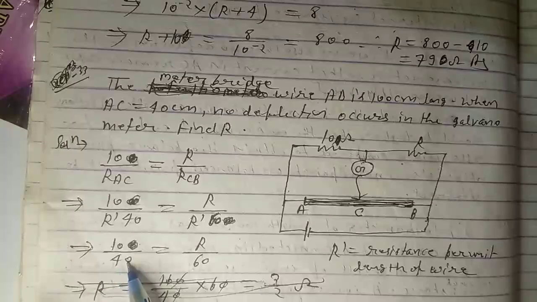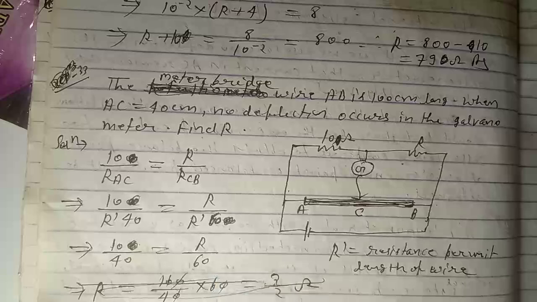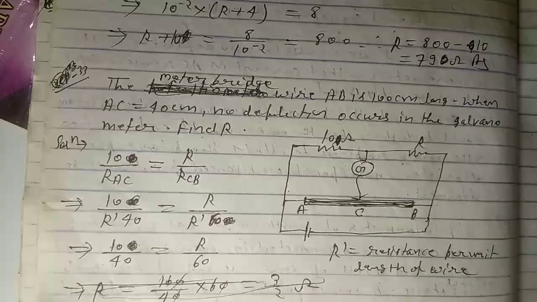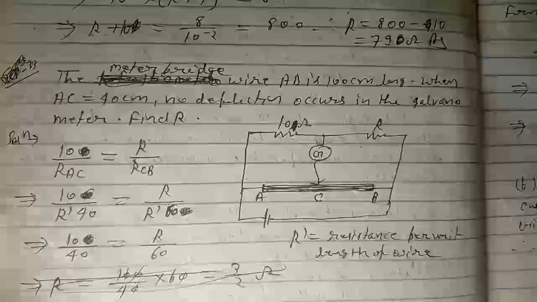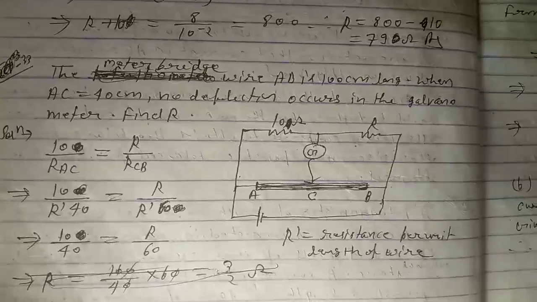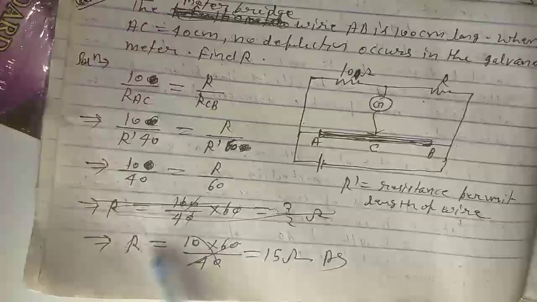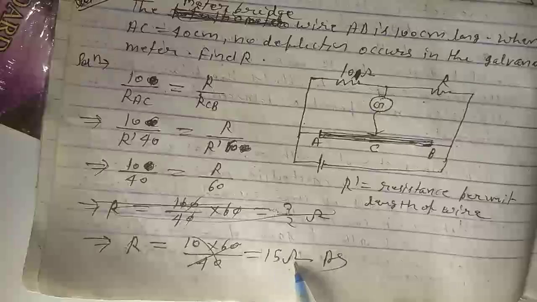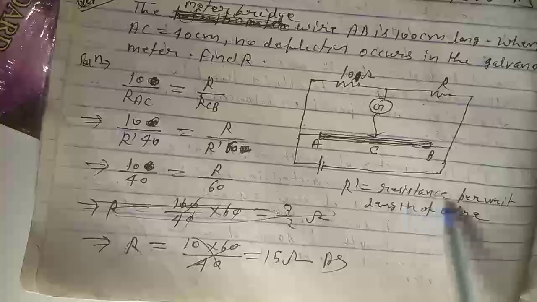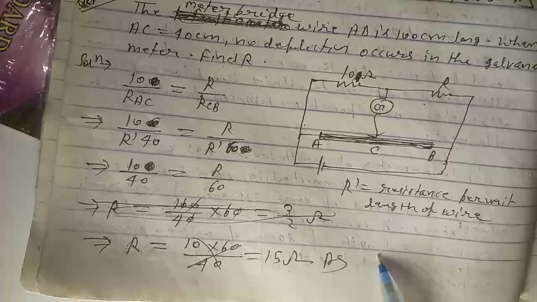This implies 10 by 40 equals R by 60, hence R will be equal to 15 ohm. Solving this, we get R equal to 15 ohm. Answer. Next question.